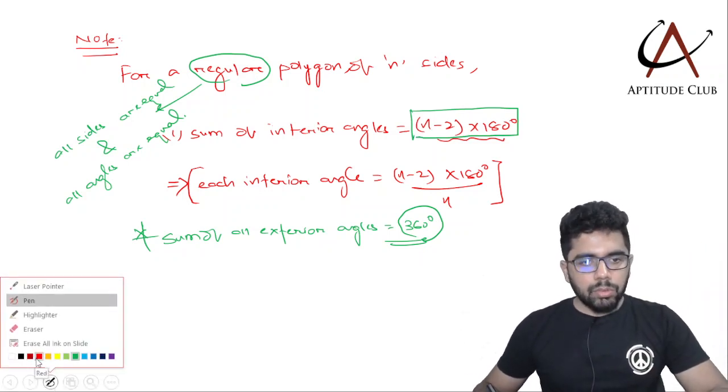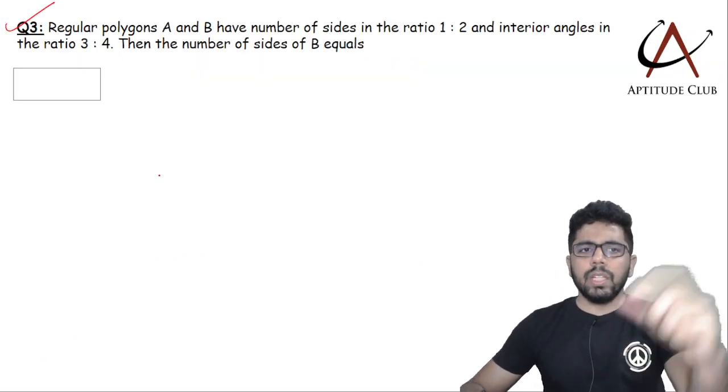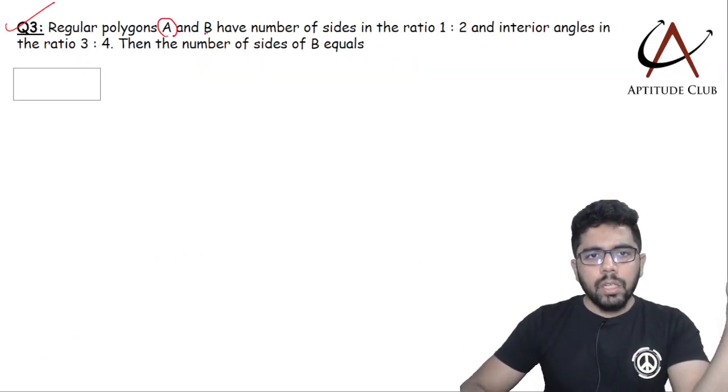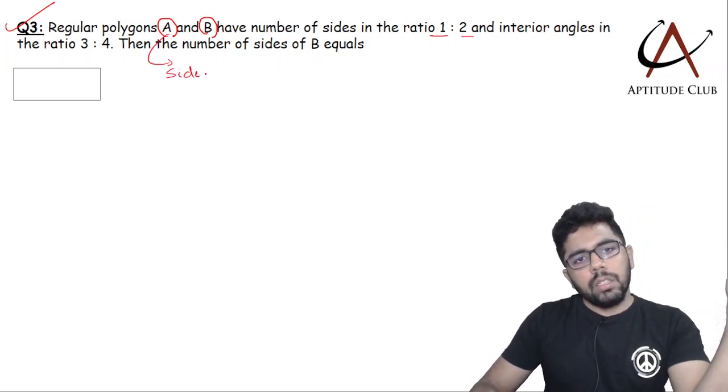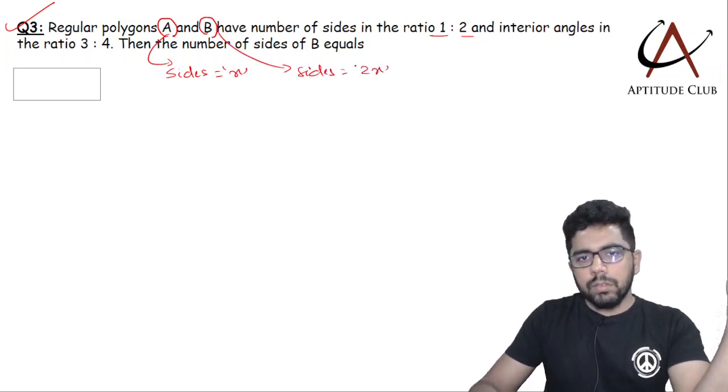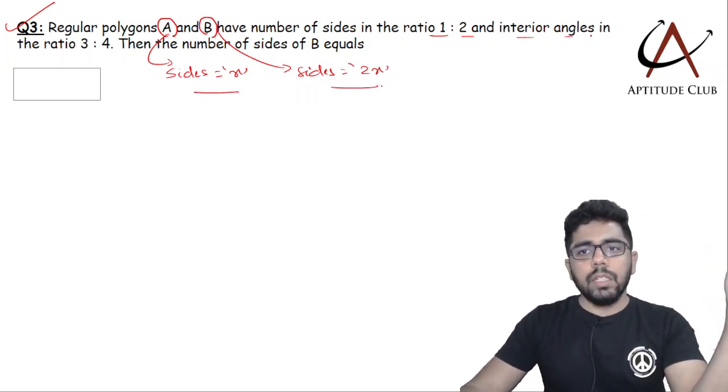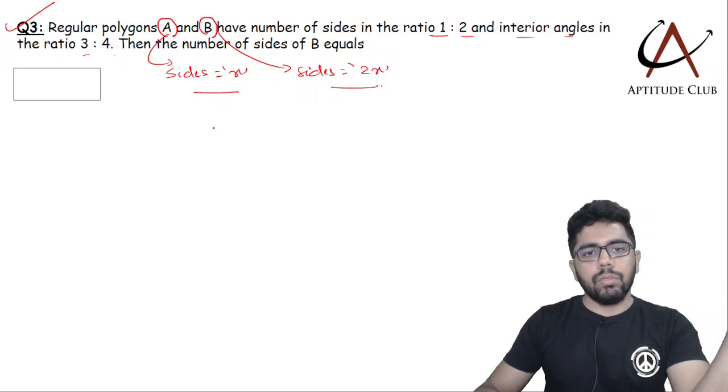Let's take a look at how to solve this one. So there are two polygons A and B, and the number of sides are in the ratio 1:2. So let us say in polygon A, the number of sides is x, and in polygon B, the number of sides will be 2x. As per the question, the ratio of interior angles in A and B is 3:4.